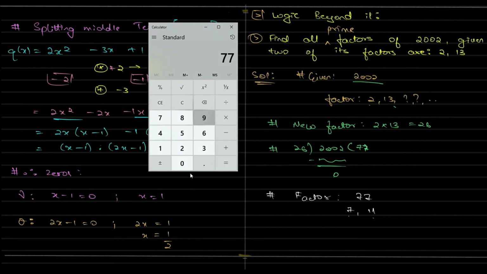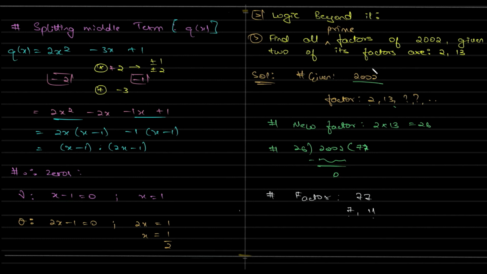So by default 7 and 11 will be able to divide 2002. Think about it. 2002 divided by 7, you get an integer. 2002 divided by 11, you get an integer. How was I able to find it with such data? Take a deep breath and listen again.